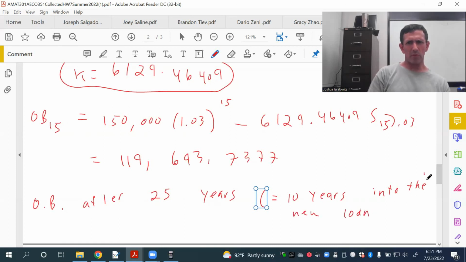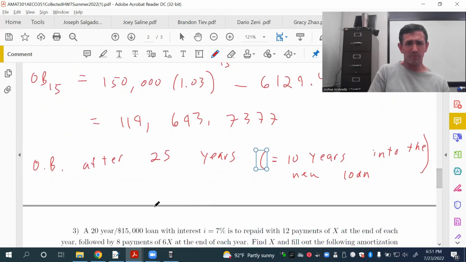I actually had someone write OB25 and then write OB10 because it's 10 years into this new loan. Technically that doesn't make sense, but I'm happy if you do that because that says to me you clearly understand what you're doing. So that's fine if you want to write both of them. But anyway, running out of room. All right, so in that formula, we're going to use t equals 10.